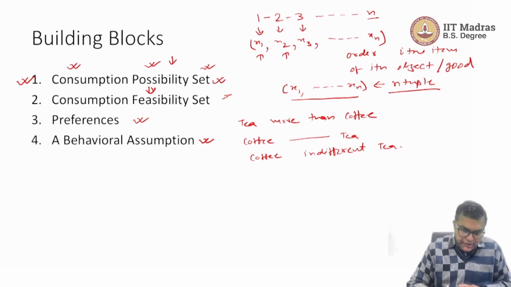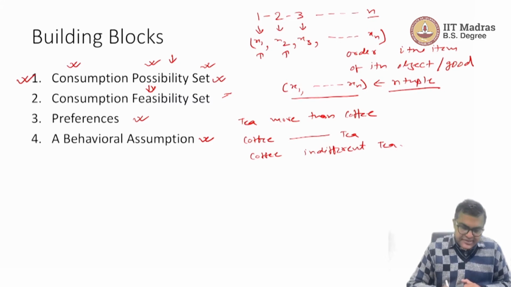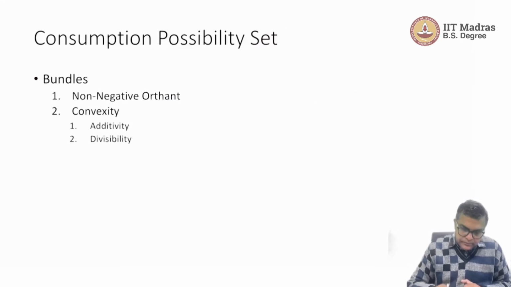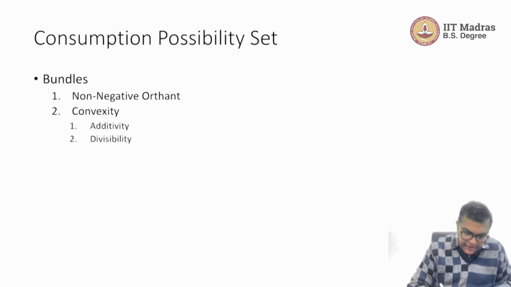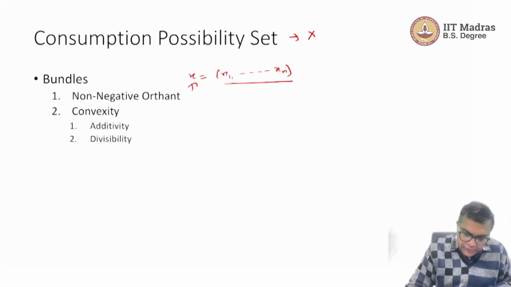So, let us quickly talk about the consumption possibility set, and then we will spend a lot more time on the consumption feasibility set. In the consumption possibility set we have bundles; we can say the consumption possibility set is X. What does X contain? Let us say that X is an n tuple, x1 to xn. It gives the amount of all these n different goods.